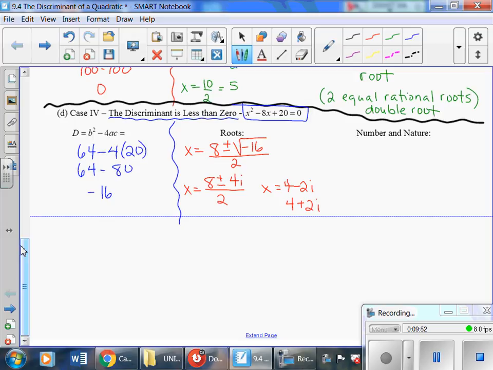So how many roots do we have? Well, hopefully you're realizing we have 2 unequal, and these are complex roots.